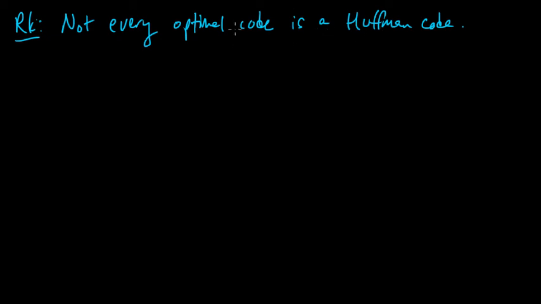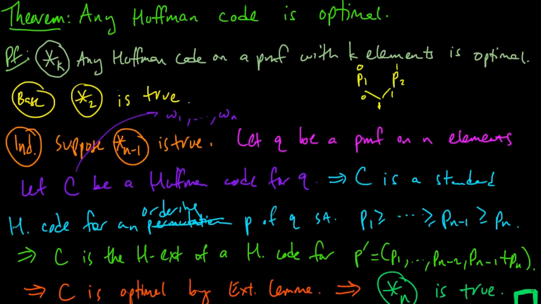Every Huffman code is a prefix code, but you can get an optimal code, in terms of minimal expected code word length, that's still uniquely decodable but not a prefix code. I'll give you an example of that, but let me save that for the next video. All right, so that's our proof of the main result of the optimality of Huffman coding.